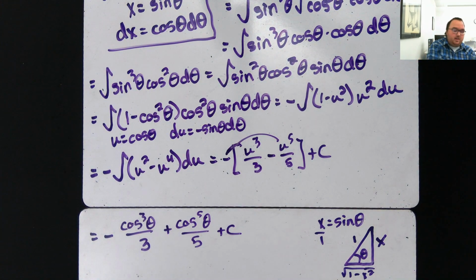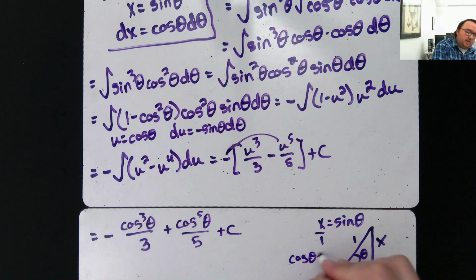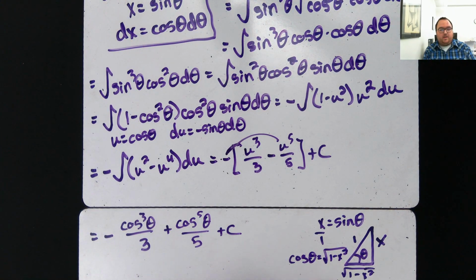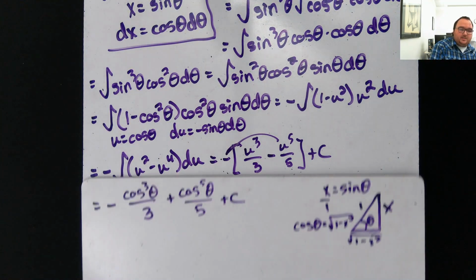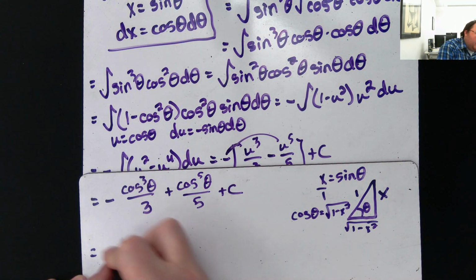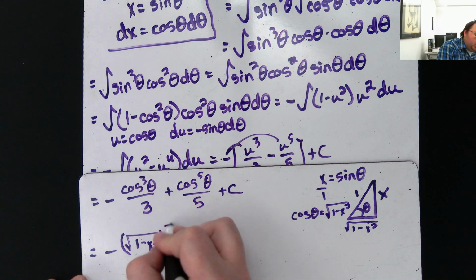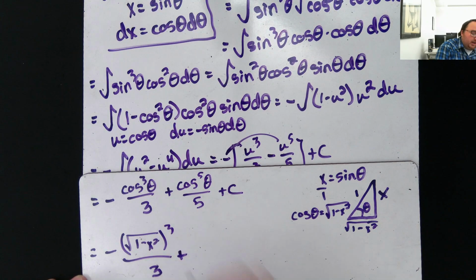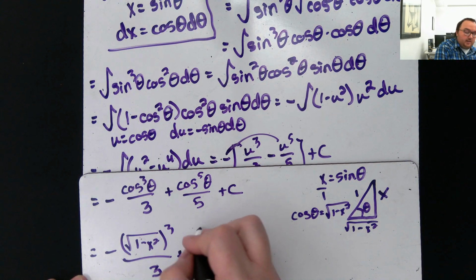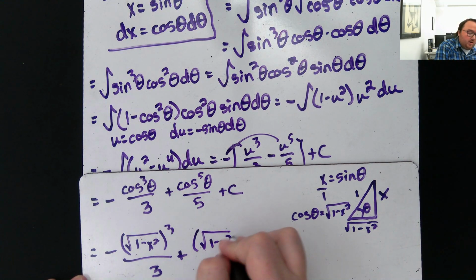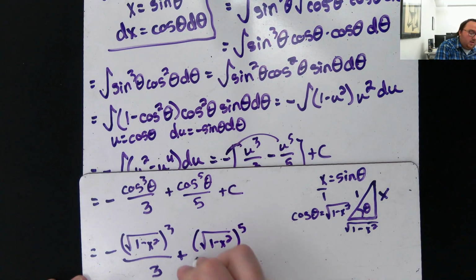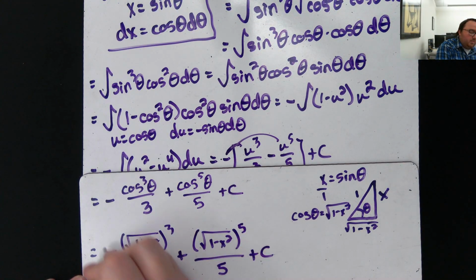So cosine of theta is just the square root of 1 minus x squared. So now I can plug this into the answer, and you get negative square root of 1 minus x squared cubed over 3 plus, again, cosine is square root of 1 minus x squared, to the 5th over 5 plus c.